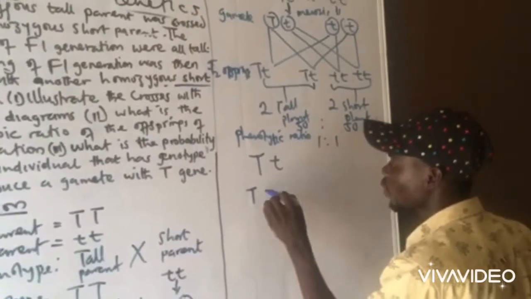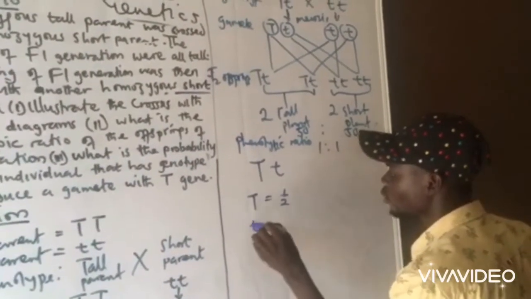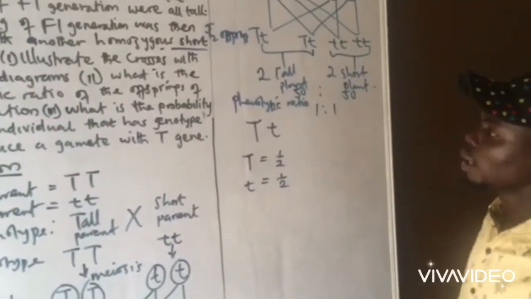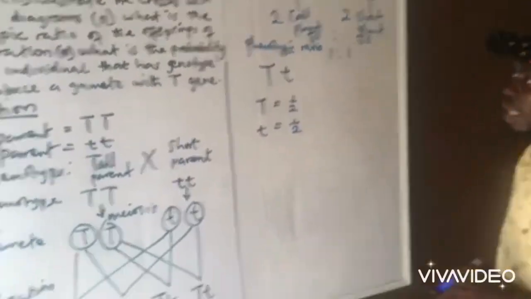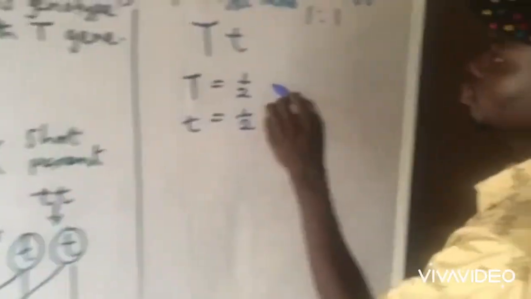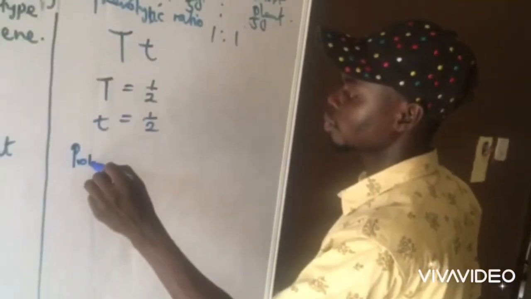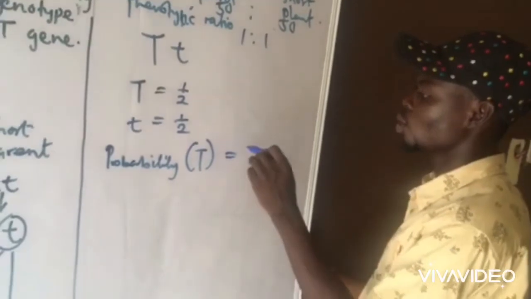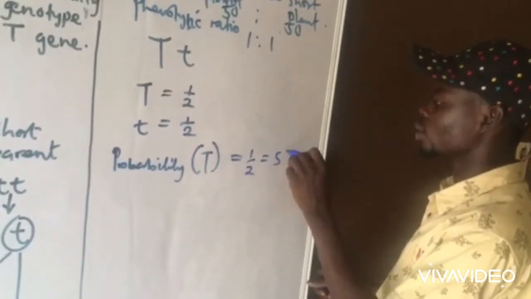So it's either this one is 1 out of 2 and this one is also 1 out of 2. So the probability that an individual that has genotype will produce a gamete of T is equal to 50%. So probability of T gene is equal to 1/2, which is equal to 50%.